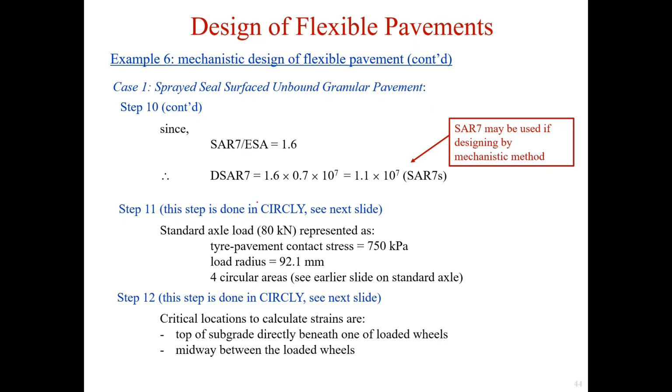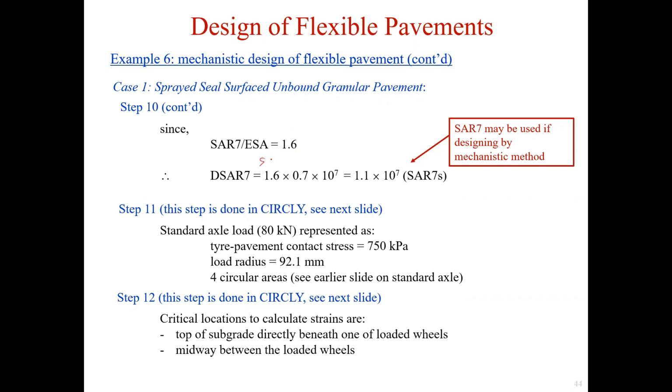Since SAR7 over ESA equals 1.6, that's the given condition of all three cases. So DSAR7 could be calculated as DESA times SAR7 over ESA.